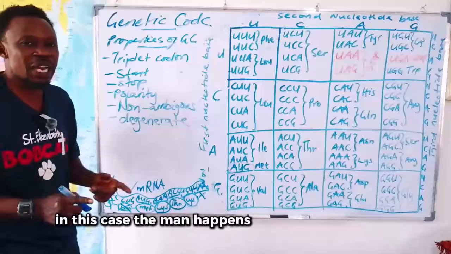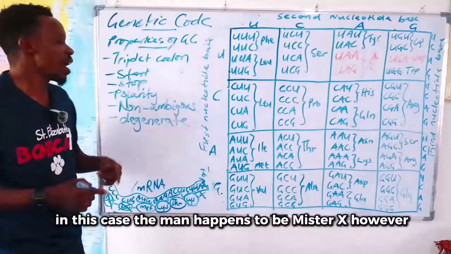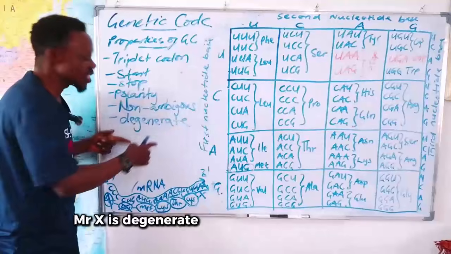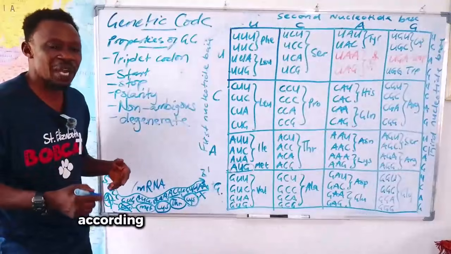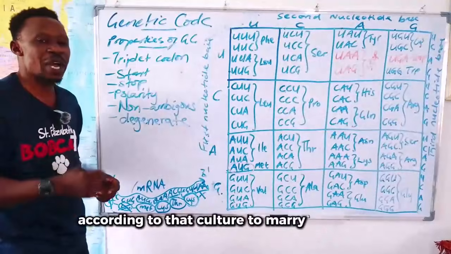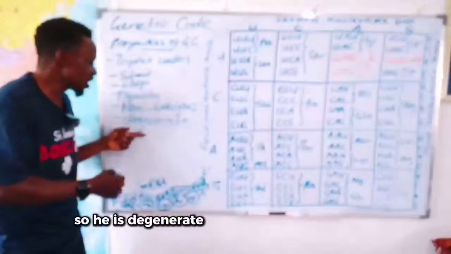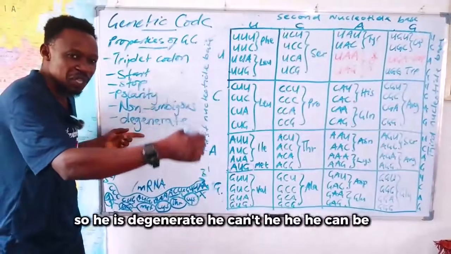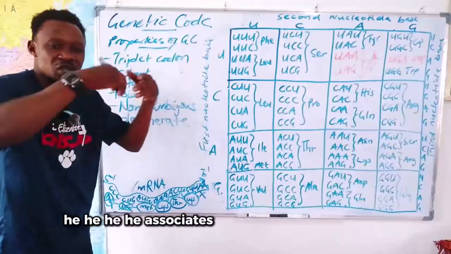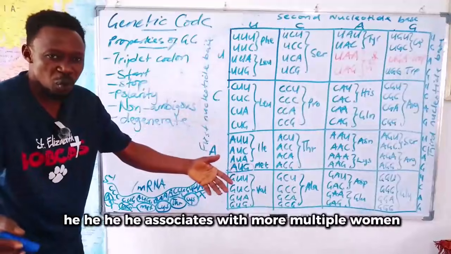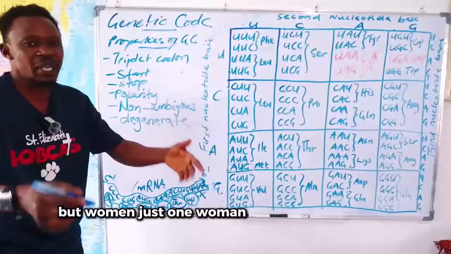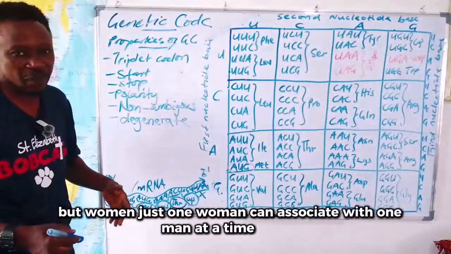In this case, the man happens to be Mr. X. However, Mr. X is degenerate because he has the freedom, according to that culture, to marry more wives. He associates with multiple women, but one woman can associate with only one man at a time. All right.